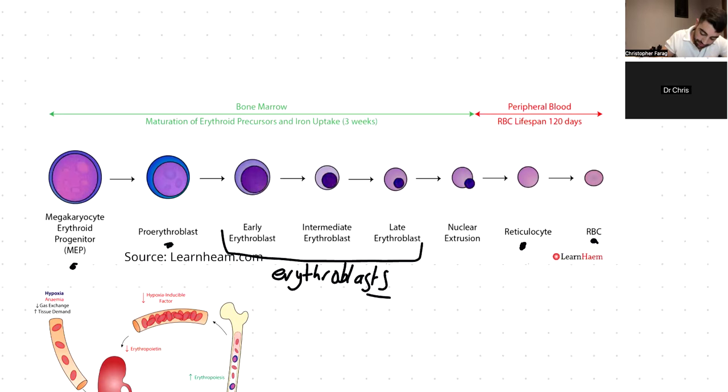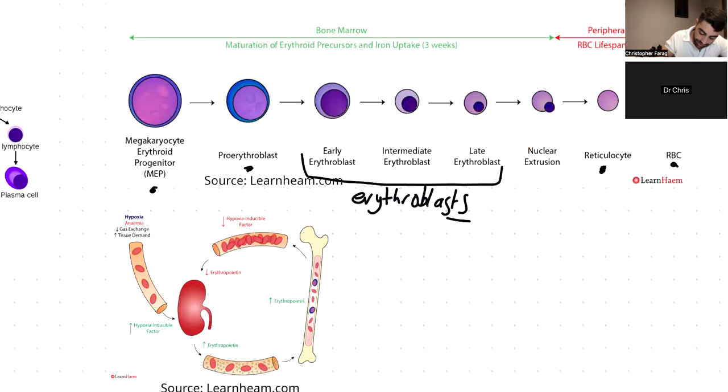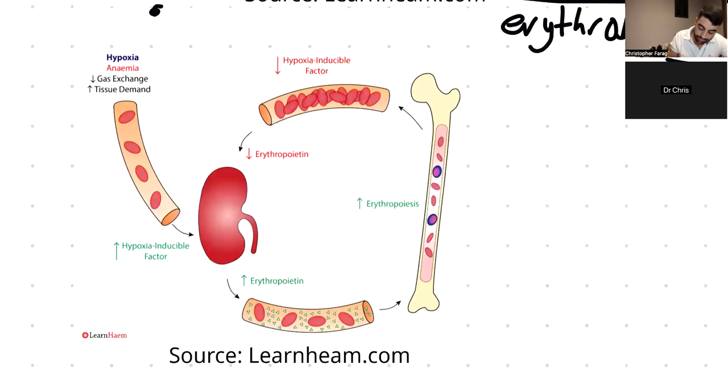Now, the conversion between the proerythroblast and erythroblasts, pro being before, is to do with this hormone called erythropoietin. Erythropoietin is produced in the kidneys, as you can see here.